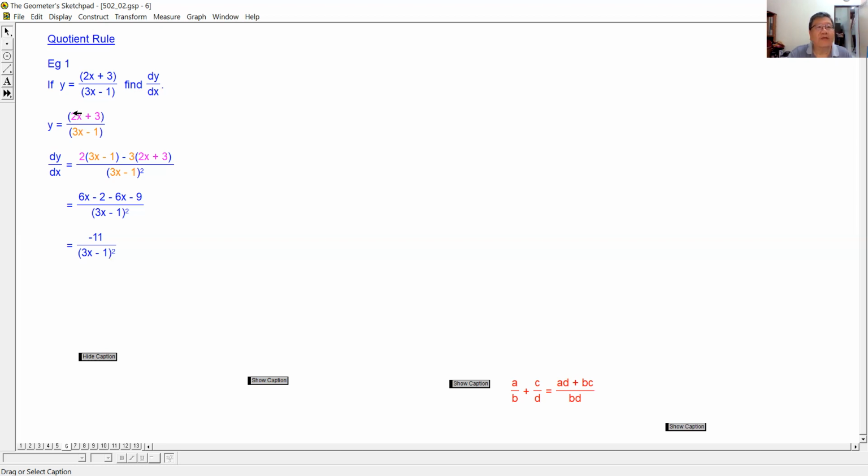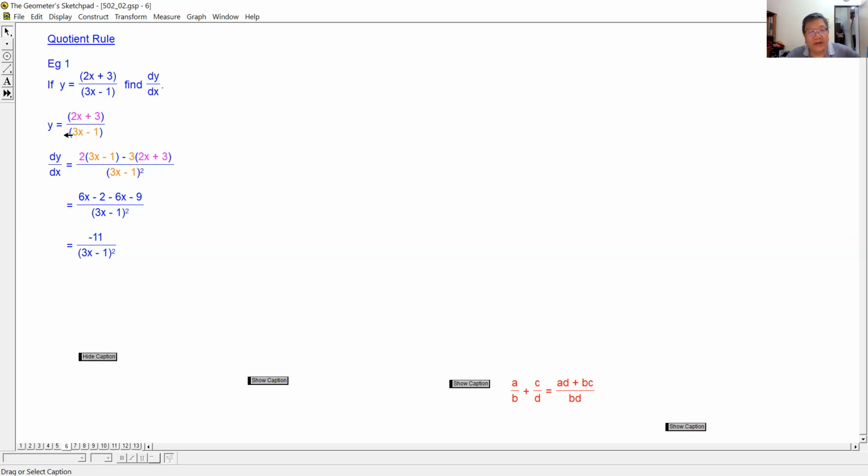For quotient rule, you have to differentiate the top first. Differentiate the top, then keep the bottom. You cannot reverse the order. You cannot differentiate the bottom first, then keep the top. The top, I have colored it pink, so I differentiate the pink and I get 2.